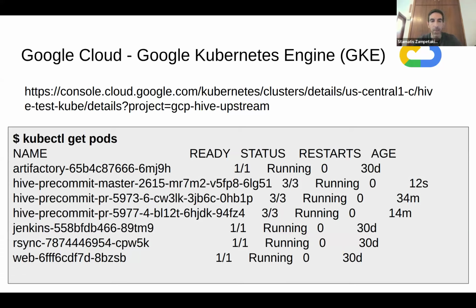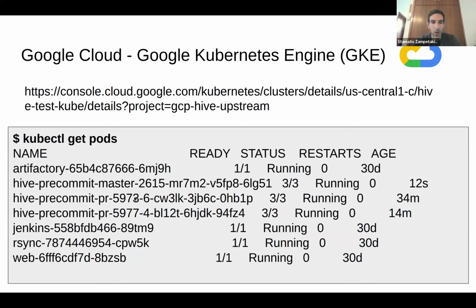And if we check the pods, let's say all the pods that were running in the Kubernetes cluster at some point in time, we can see the Artifactory pod that is always running. Here we can see that it was running for 30 days. We can see the Jenkins pod that's also running for 30 days, and the Rsync pod.